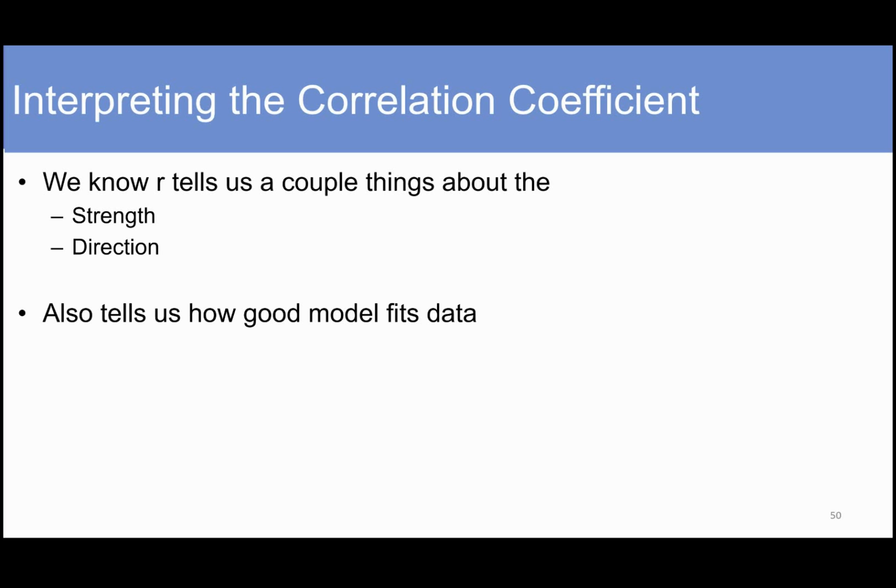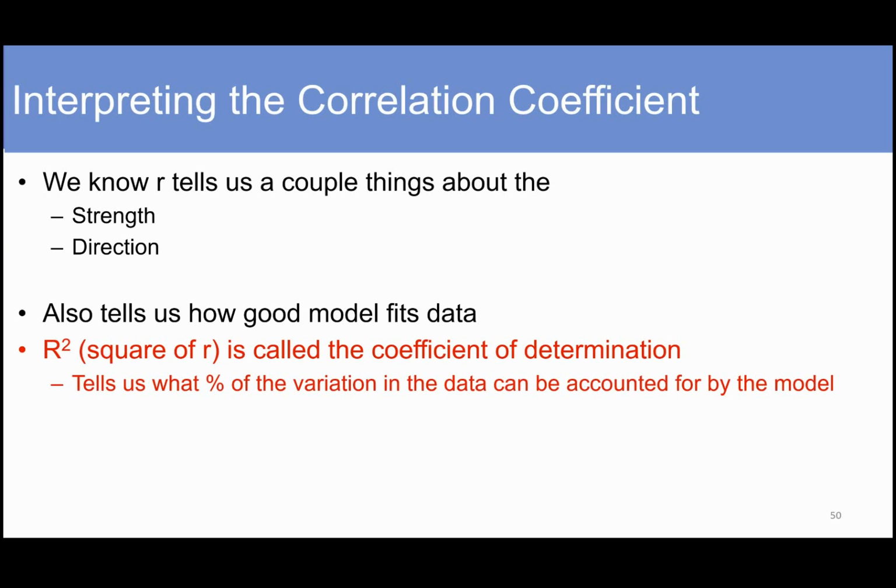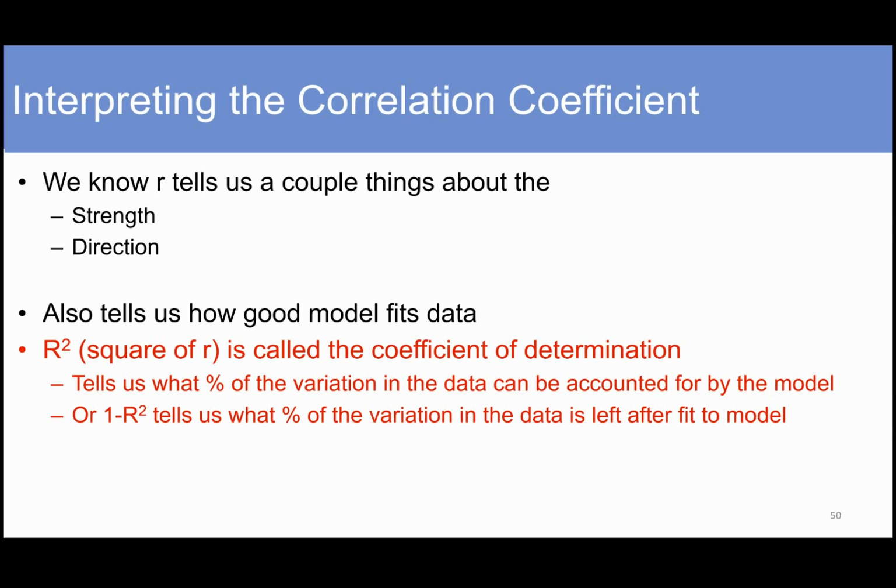So when you square R, and people traditionally write it as capital R squared, this is called the coefficient of determination. The way we interpret this is that it tells us what percentage of variation in the data the model can account for. Or conversely, 1 minus R squared tells us the variation in the data unaccounted for by the model.